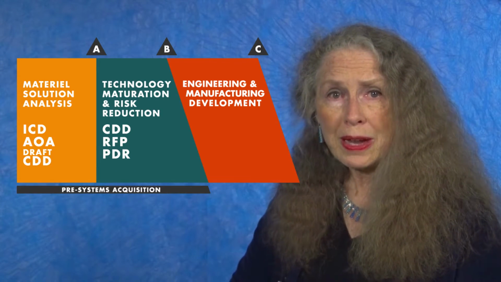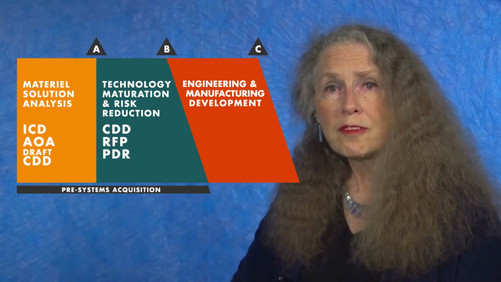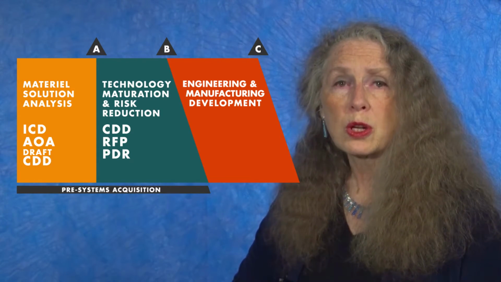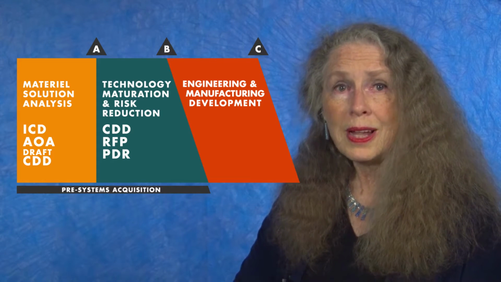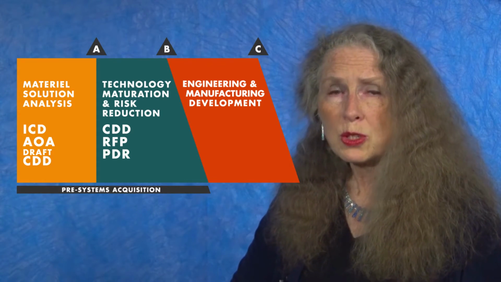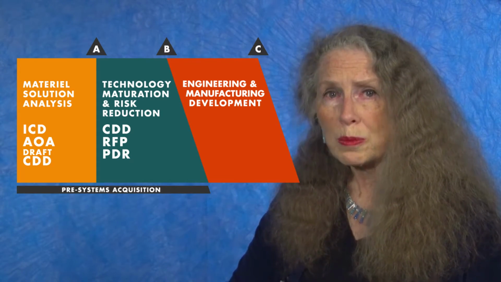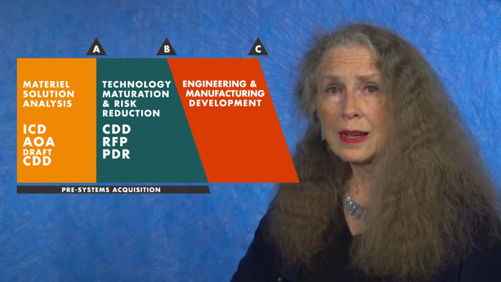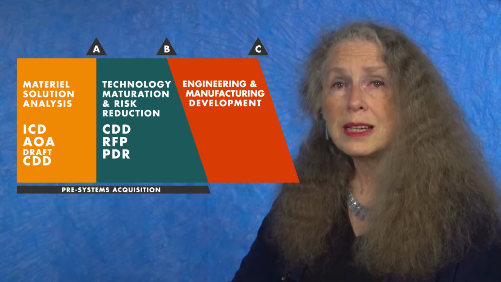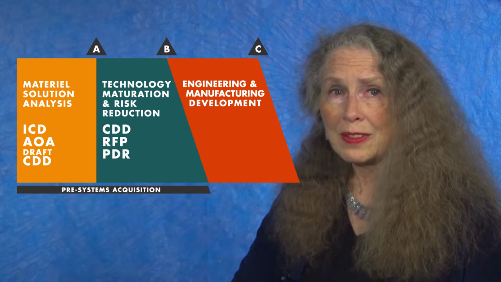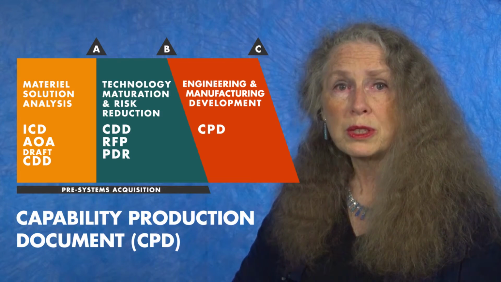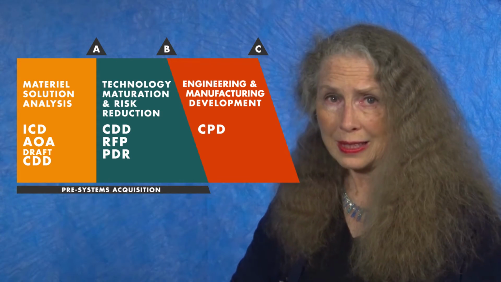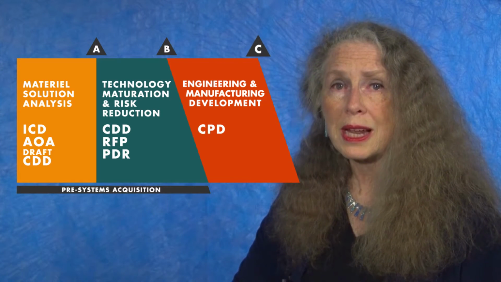During the engineering and manufacturing development phase, the final build to design is put in place, which in turn enables a critical design review. At this point, one must also demonstrate interoperability and supportability so that the initiative can move on to Milestone C. The capability development document continues to evolve and leads to the development of the Capability Production Document, or CPD, which must be approved and signed before going on to Milestone C.